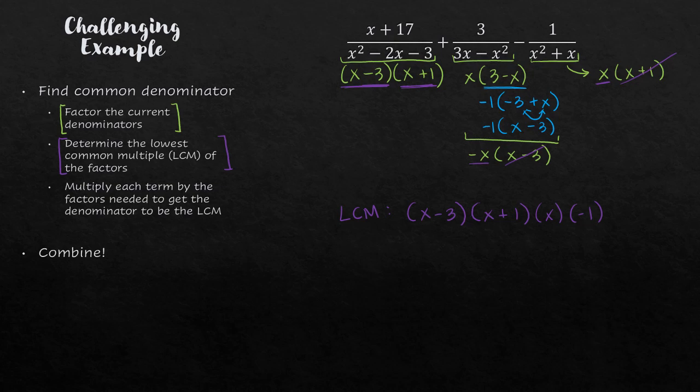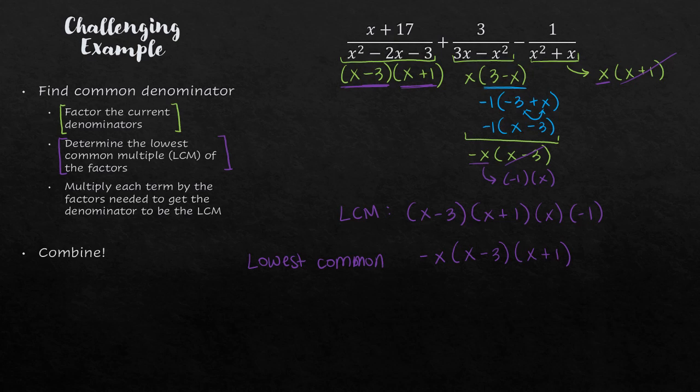We can just have one x and a negative 1, because that's really what this term is, negative 1 and x. So that tells me my lowest common multiple can be written as perhaps negative x times x minus 3 times x plus 1. My lowest common multiple is also going to be my lowest common denominator.